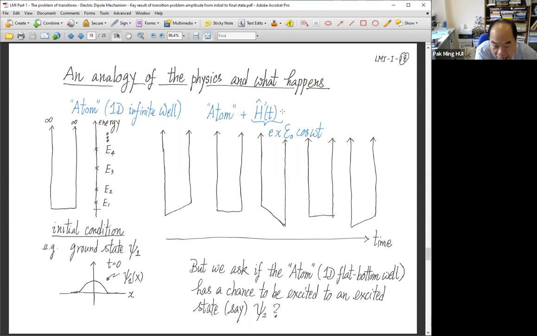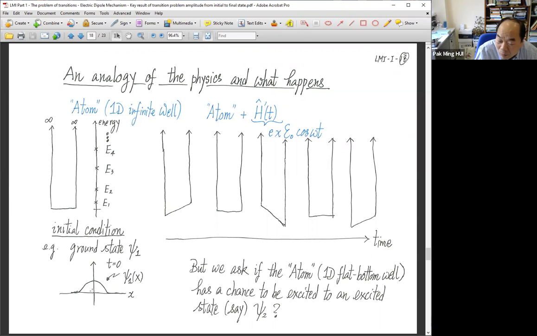The question is then, after some time t, given the system was in the ground state at the beginning before it shakes, will there be any chance you find that this infinite well is in the first excited state or second excited state, okay? So that is exactly the question.